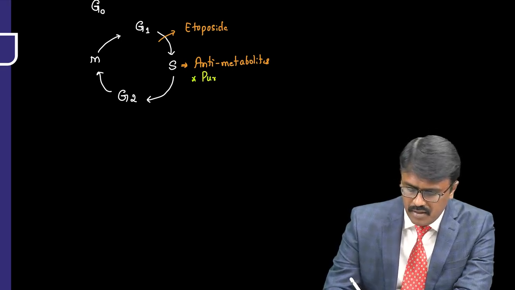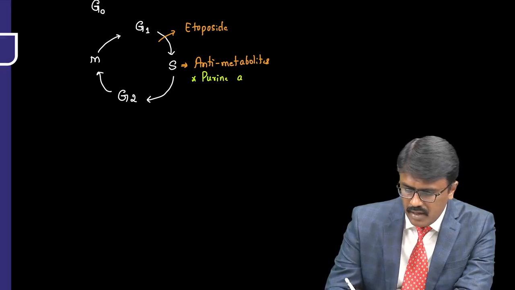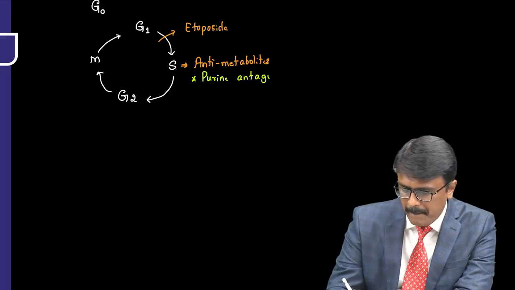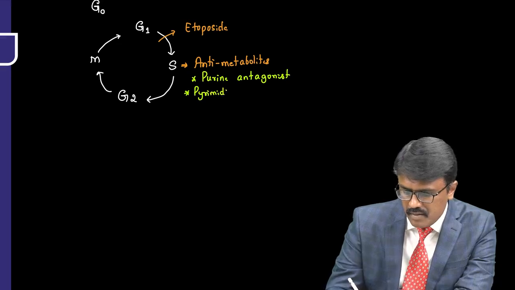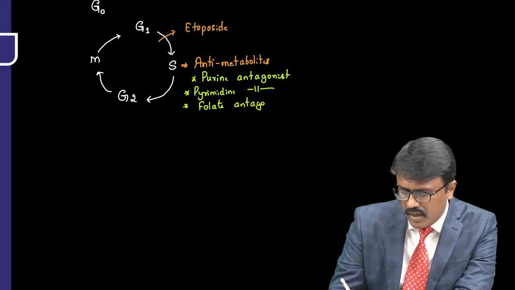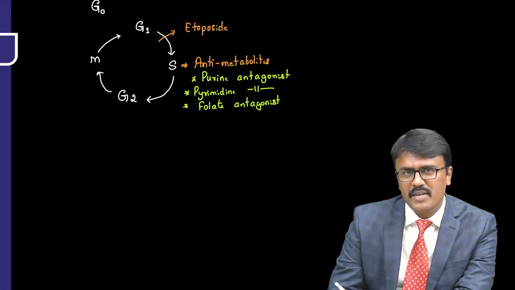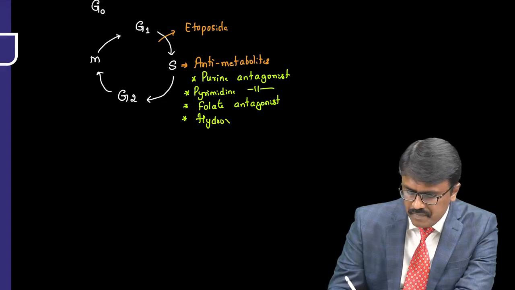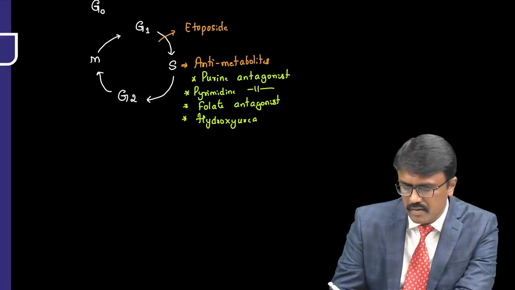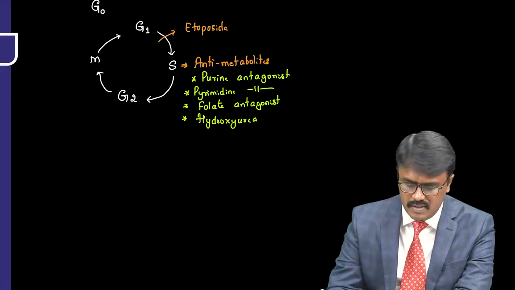We give a fake purine, they are called purine antagonists. We give a fake pyrimidine, they are called pyrimidine antagonists. Then we use the folate antagonist, and the major one, as you all know, is methotrexate, and a drug called hydroxyurea. So these are the drugs which act on S phase.